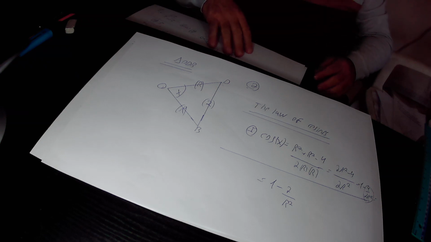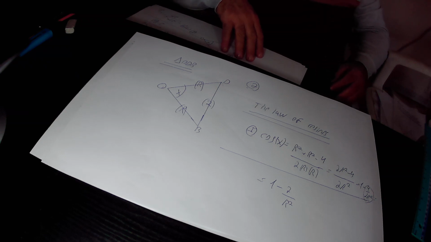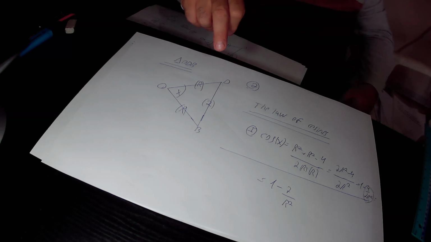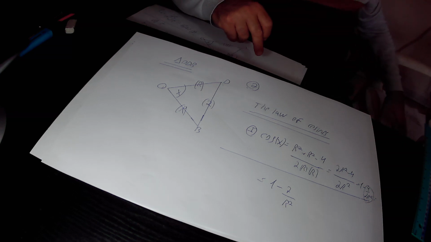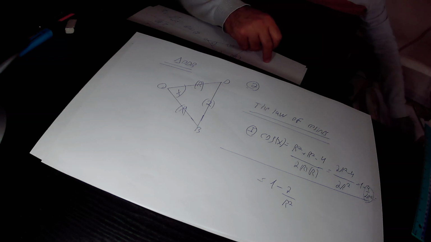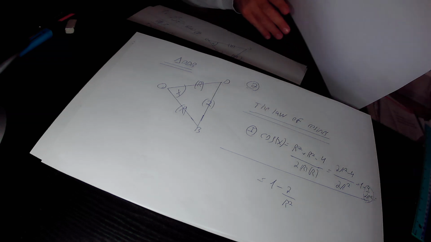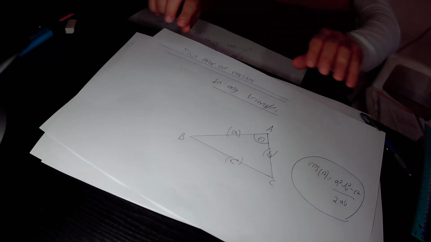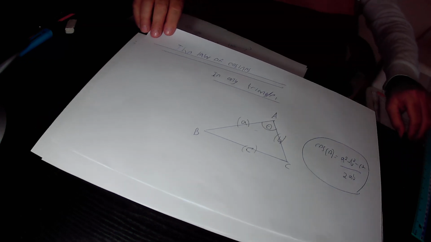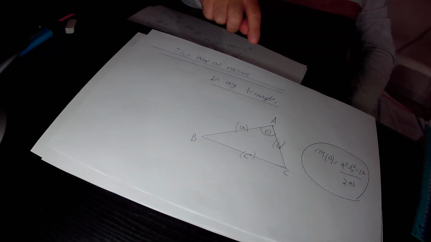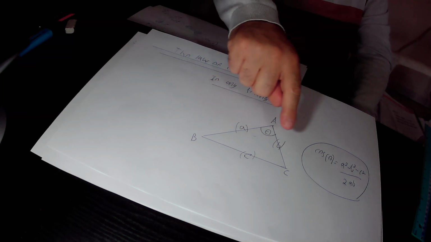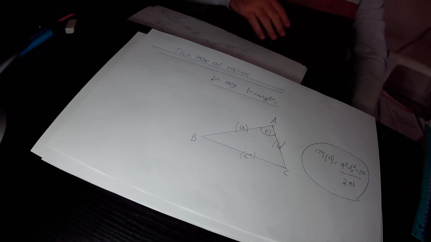So I repeat quickly the law of cosines, and then we'll implement it in this triangle DOB. First of all, the law of cosines is true in any triangle. So this triangle ABC could be any triangle.